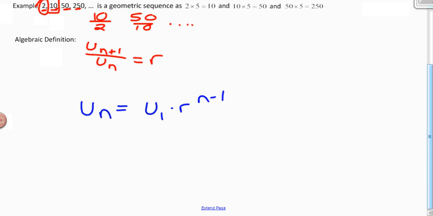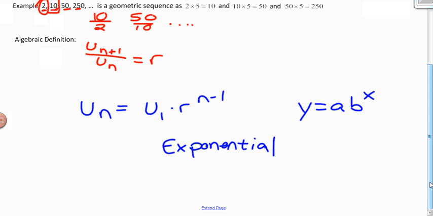If you prefer not to memorize this one, there is another option. If you notice, this is an exponential function. So we can use our equation from exponentials, y equals a times b to the x, where b is your multiplier, a is your y-intercept.